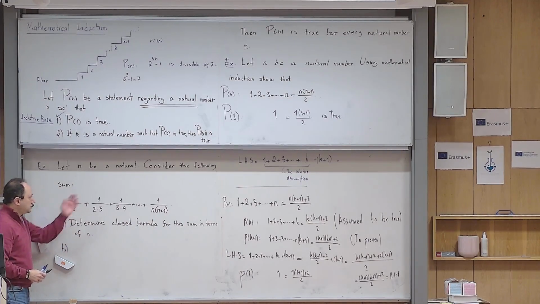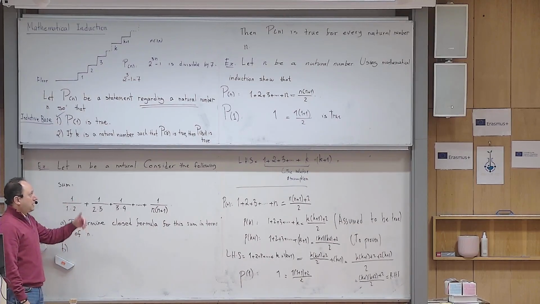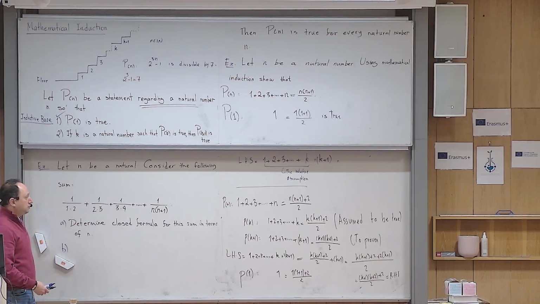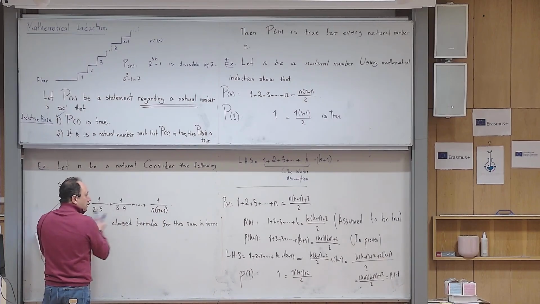Okay, so do you understand that I cannot ask you to prove the following sum using mathematical induction? Can you understand that? I'm not allowed to ask such a nonsense. Because when I say prove, I need to give you a statement and then you can prove. This is not a statement, this is just one expression.